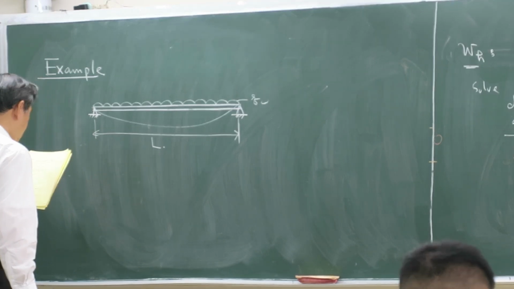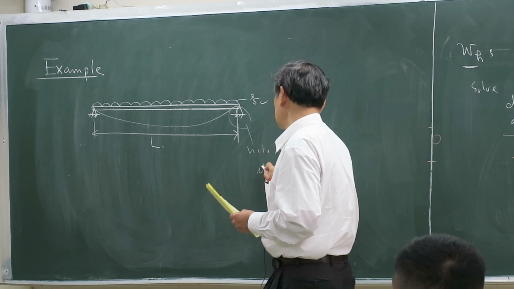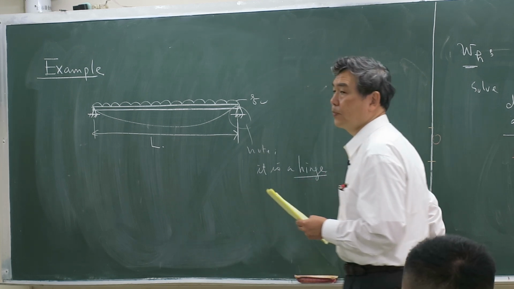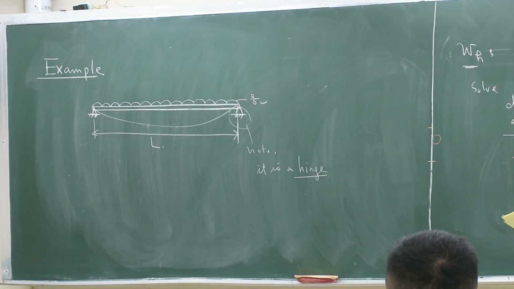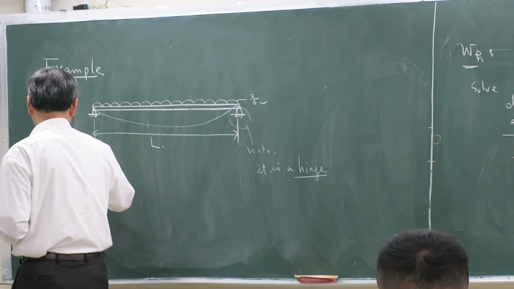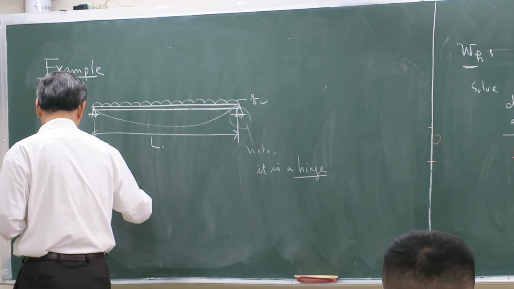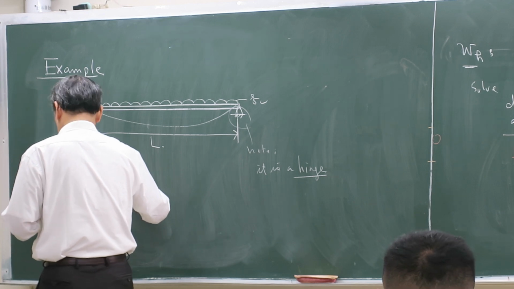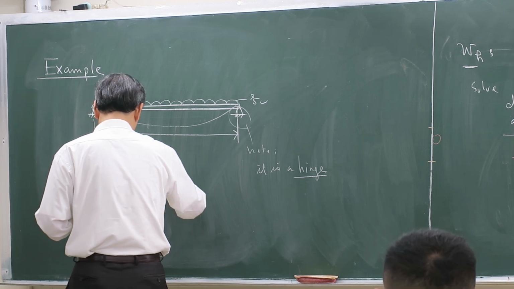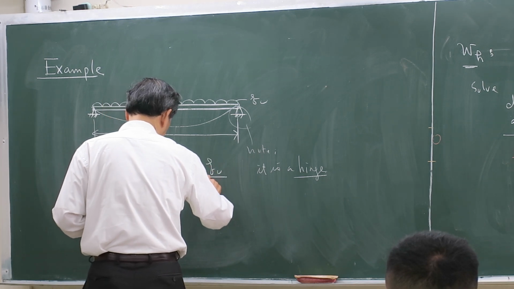Note here, it is a hinge. Then my governing equation is EI d^4w/dx^4 minus N0 d^2w/dx^2 equals Q0, so d^4w/dx^4 minus N0/EI d^2w/dx^2 equals Q0/EI.